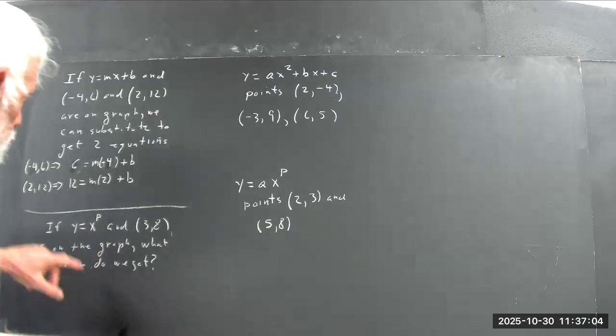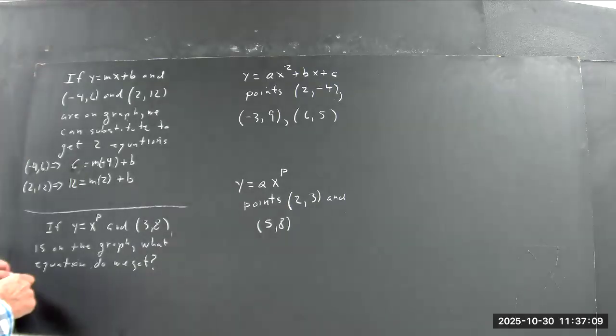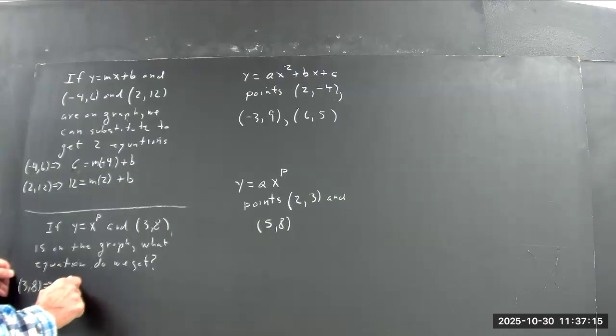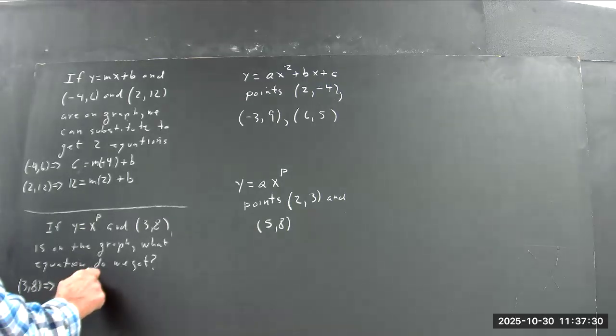Okay. y equals x to the p, and (3, 8) is on the graph. Well, the point (3, 8) gives us 8 equals 3 to the p.